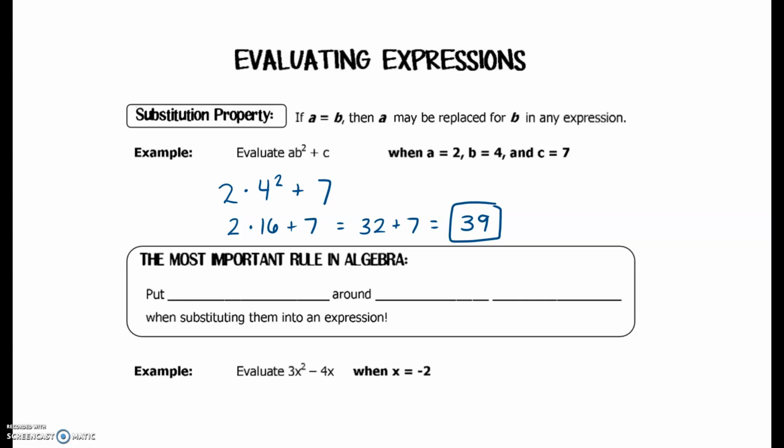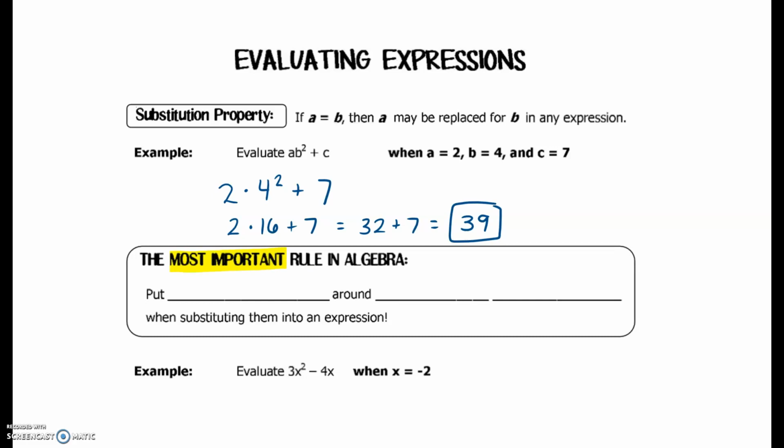Now, the one big thing, and students constantly are forgetting to do this, is the most important rule in algebra. So, hopefully this is something you see that it's most important, something we're going to remember for a while.